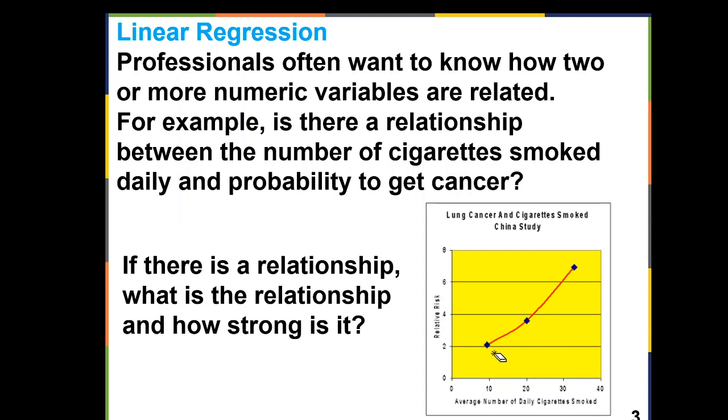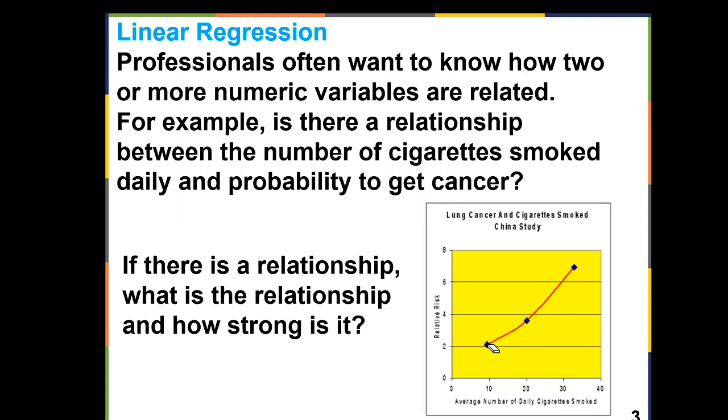So as you see, each point has to do with a person who has smoked this many cigarettes a day, right? The number of daily cigarettes smoked, and then the relative risk of getting cancer is right here. Usually these are given out of 10,000, but just a number. So now every point is like that.